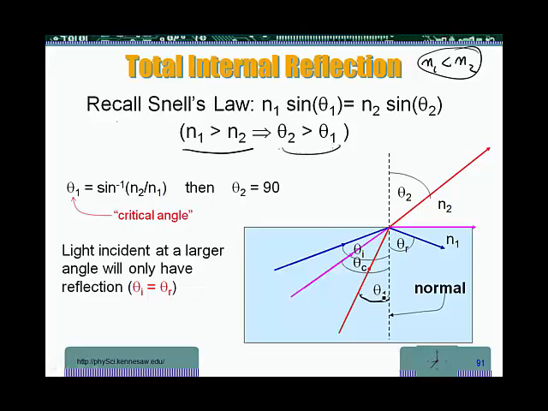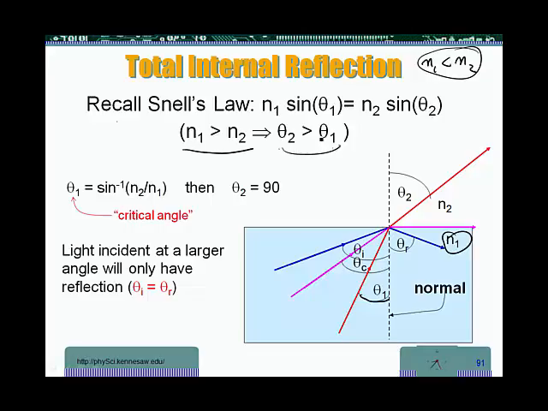So this is, for example, my n1 being the larger of the two. And then, as we move in the second medium, I have a larger theta sub 2. Okay, now, as you consider that theta 2 is going to become larger.